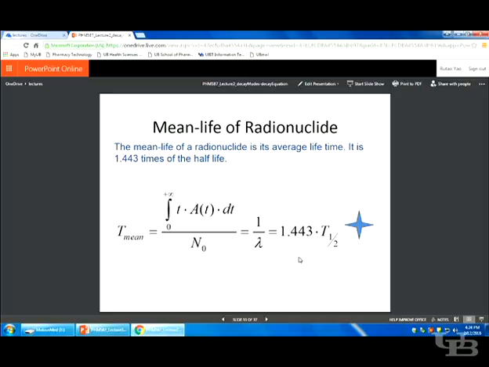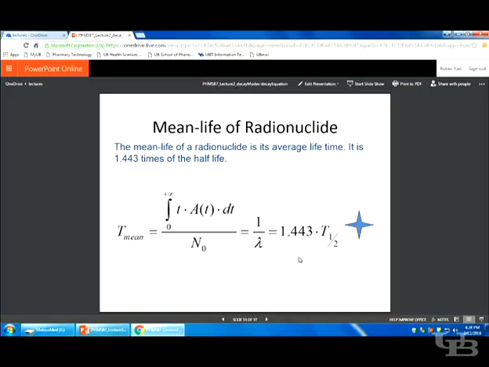Some are short-lived, some decay at a later time. What's the average lifetime overall for this amount of atoms?